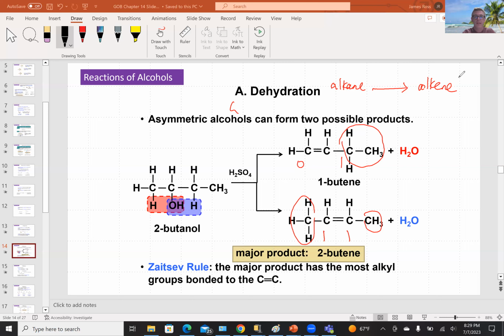And actually, in this example, I don't want to say alkene, right? I want to say alkyne. Right. So in this specific example, we're going from an alcohol. We're doing an elimination to give an alkene, and we follow Zaitsev.